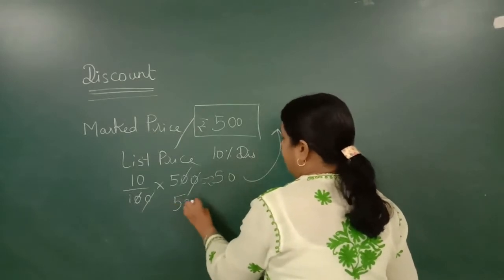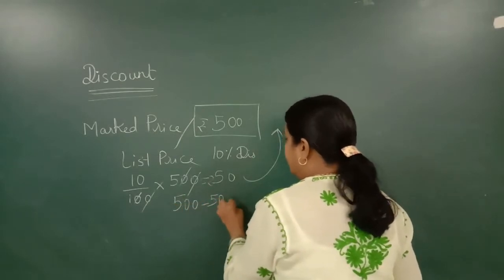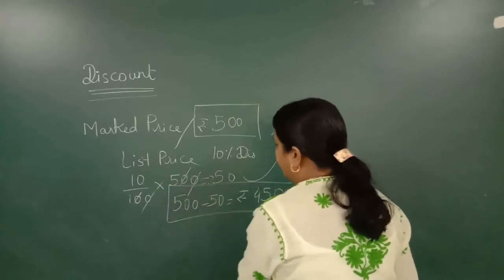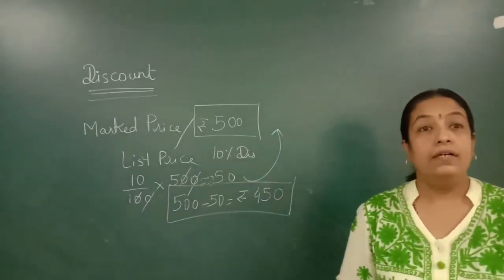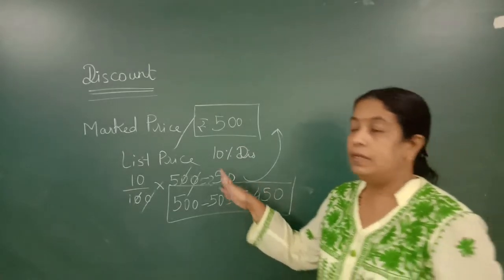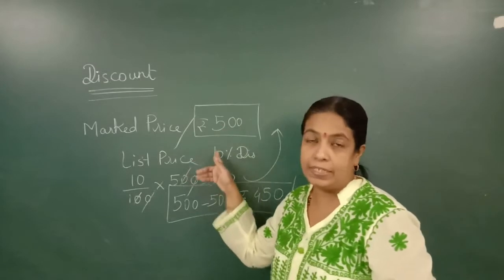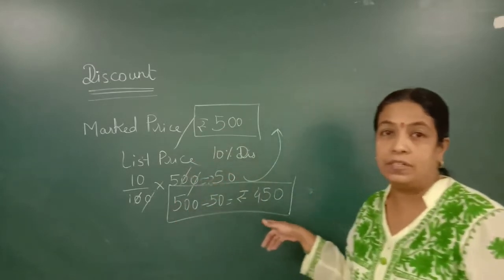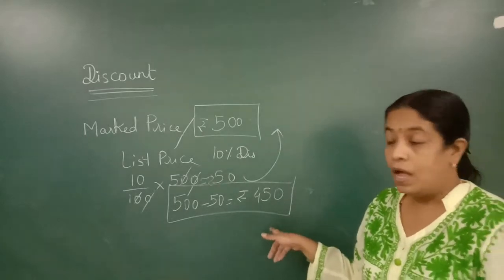That is 500 minus 50. So your price will be rupees 450. Okay, this is called as discount. This is the marked price or list price, 10% discount. So the discount will be this and price with discount will be 450.